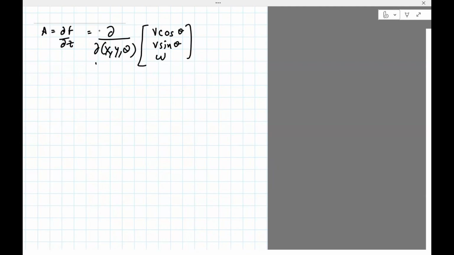The way this is done, if you remember the Jacobian, is d dx of v cosine theta, d dy of v cosine theta, d d theta of v cosine theta.